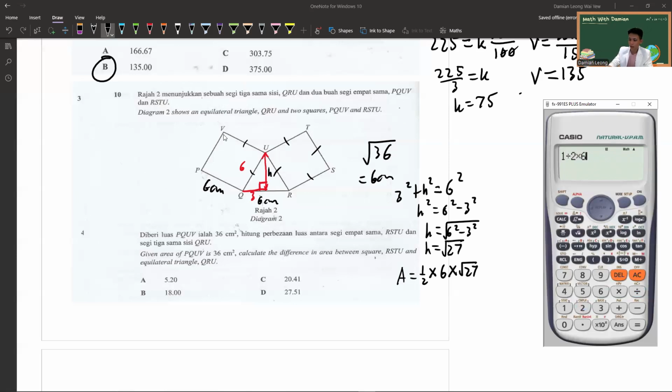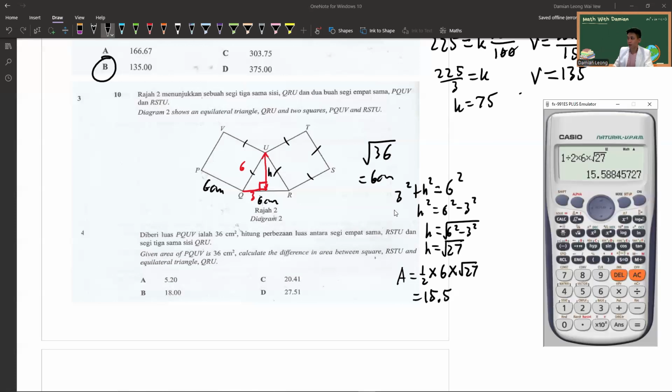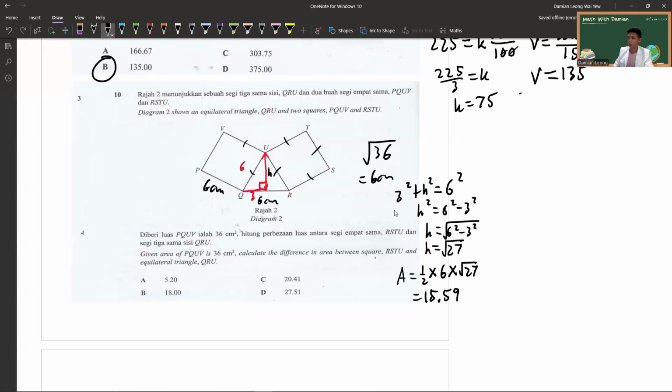Half times 6 times square root of 27, we would get 15.59. So 36 minus 15.59 would be the difference, which is 20.41. So answer would be C. That's for question 10.